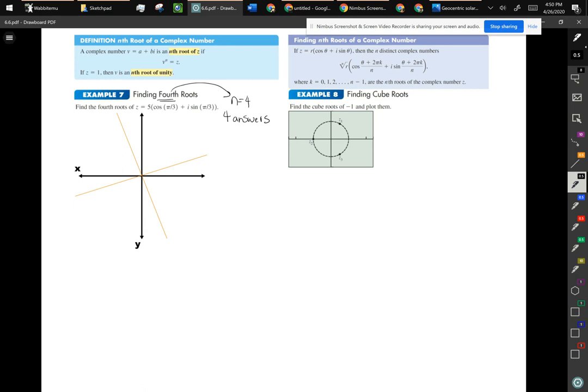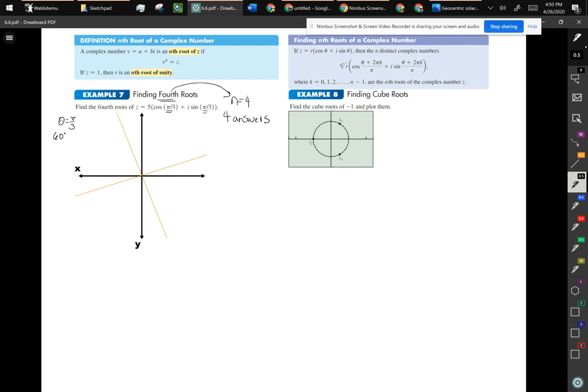So the starting angle, we know theta is pi over 3, right? So I know in this case, theta is equal to pi over 3, or in this case, 60 degrees. And so we want to then take theta and divide that by 4, okay?